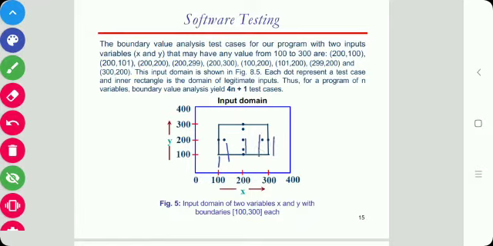Here we have an assumption of reliability theory known as the single fault assumption, meaning only one variable is at its extreme value. So for x and y, the boundary values are 100, 101, the nominal value is 200, then 299 and 300.